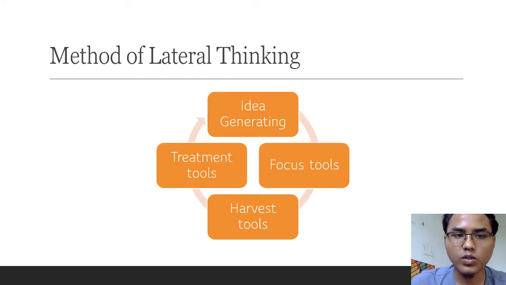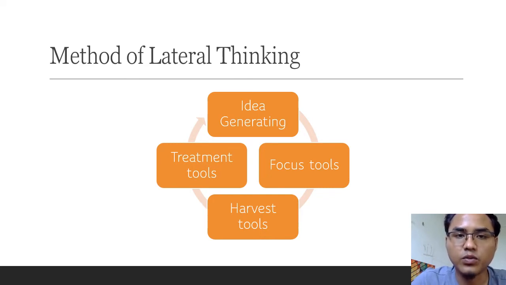Okay, now we go to the methods of lateral thinking. First, we have idea generating, which is a tool that intends to break the current thinking patterns, which is we need to change our mind in generating ideas by changing the routine of the patterns.